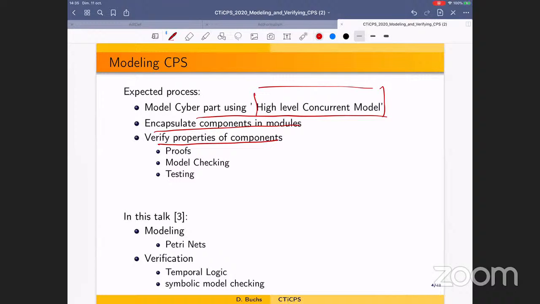the idea is that there are different possible approaches to verify a system. There is the proof techniques, in general supported by proof assistants. In this case, we don't need to analyze the behavior of the system directly.